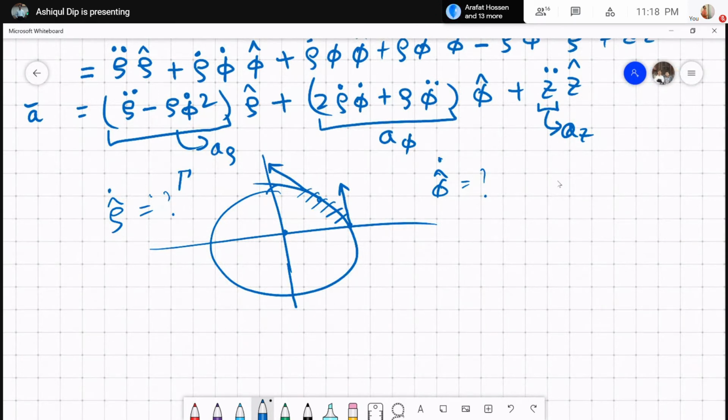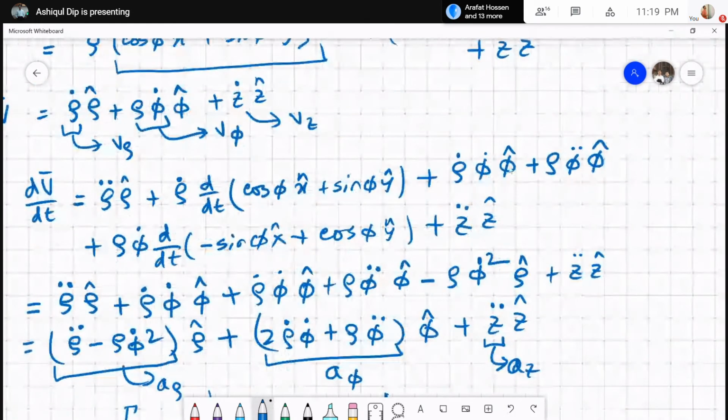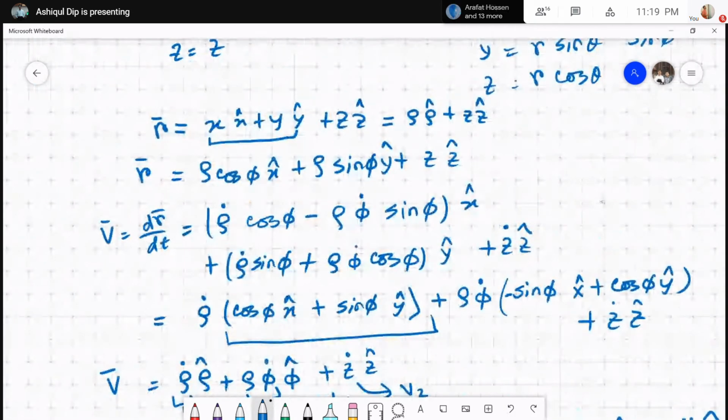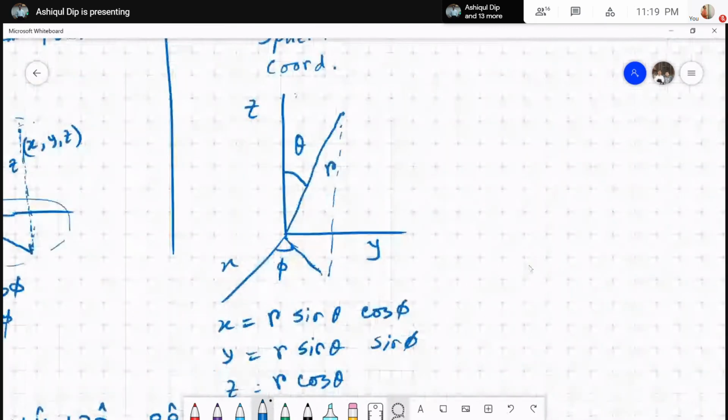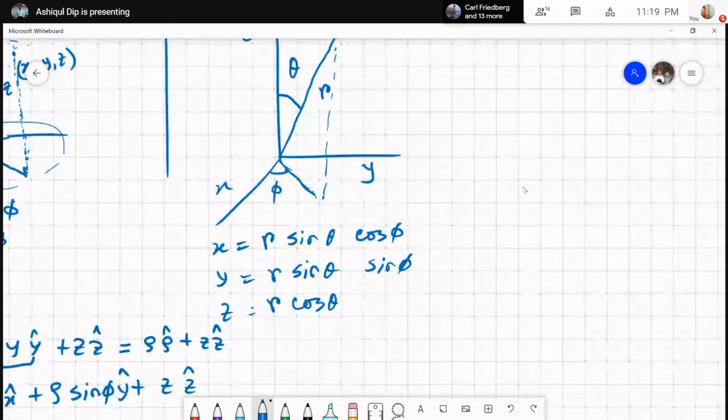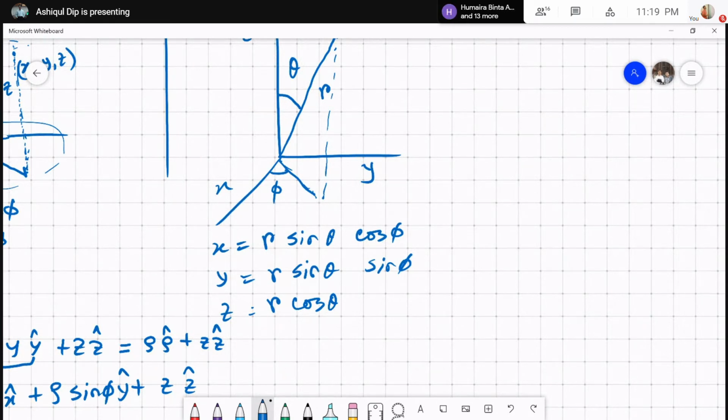What about spherical polar representation of acceleration? Can you start this thing and derive that? Yeah, we can. If you want, you can just write the result. I do not have it; if I have to write it, then I have to derive it.